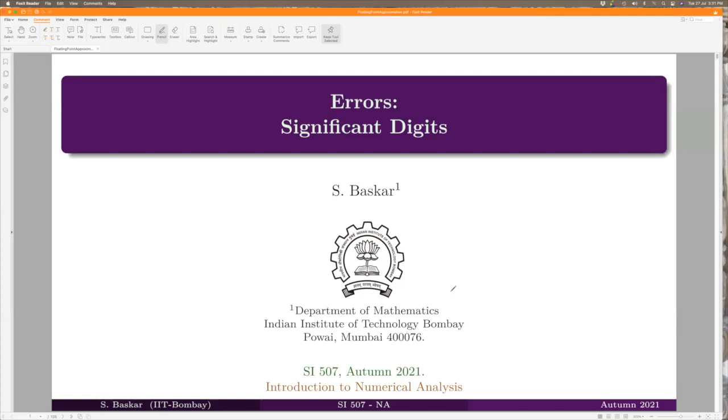In the last class, we have introduced floating point representation of a number, and also we have seen that in general computers take a real number not in its exact form but only in an approximate form due to limitations in the memory. In this connection, we have introduced floating point approximations.